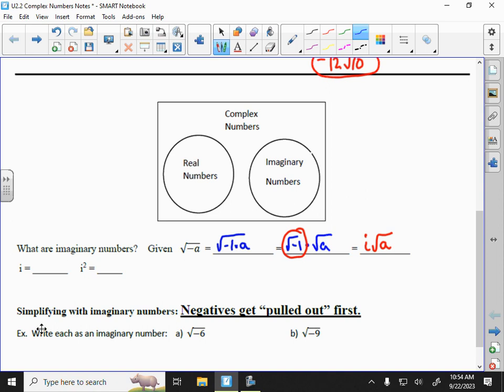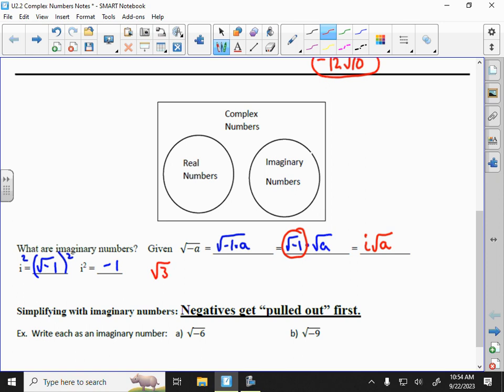All right, so again, i is equal to the square root of negative 1. If I take this equation, i equals the square root of negative 1, and square both sides, then I get i squared equals, well, the square root of negative 1 squared actually simplifies down to negative 1. And that is because of the concept of squaring a square root.